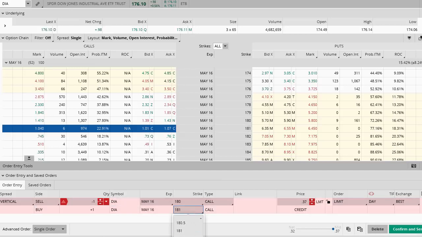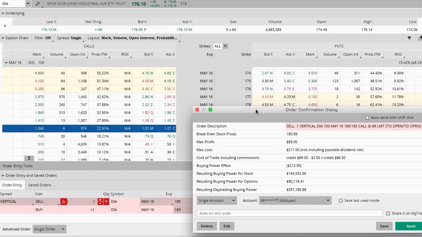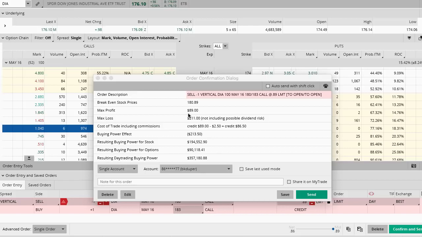So we could widen out this spread and buy calls that are a little bit further out, so make a $3 wide spread instead of a $1 wide spread. And you can see now that our credit gets increased by almost 3x. Not exactly 3x, but almost 3x. Now with this particular trade, we have a potential max profit of $89, potential max risk of $211. Again, same 70% chance of success on this trade as the other trade.